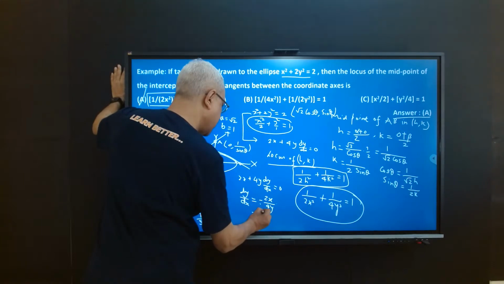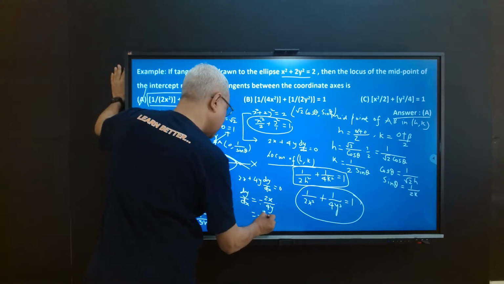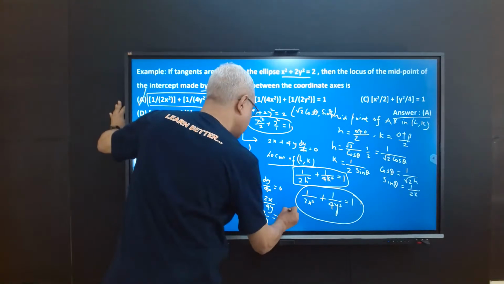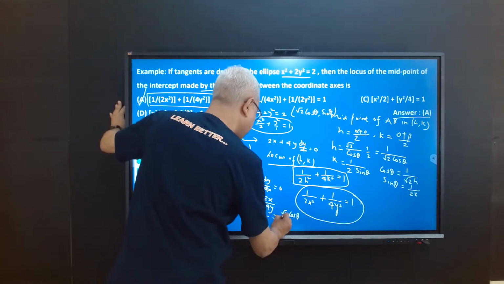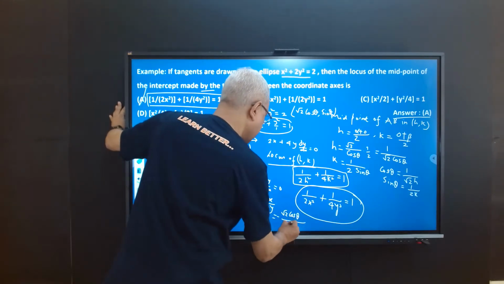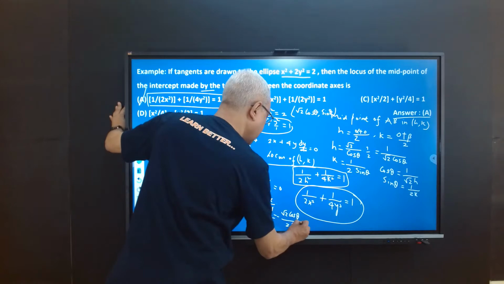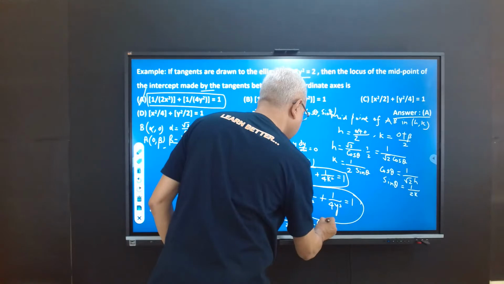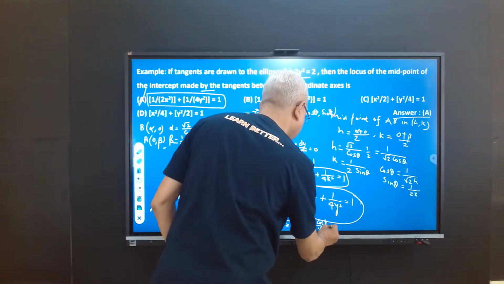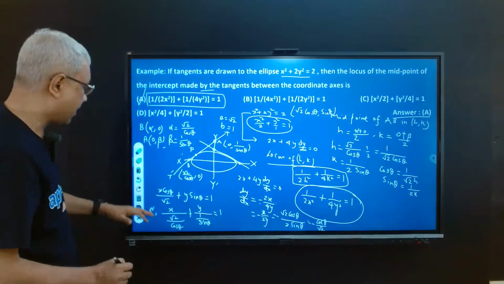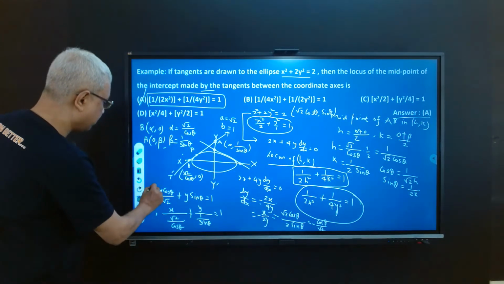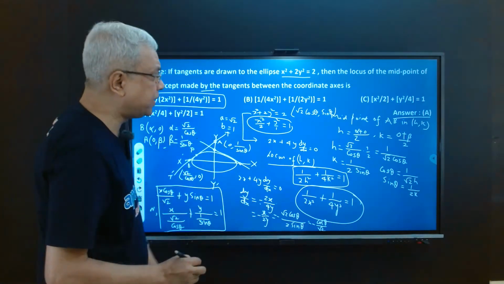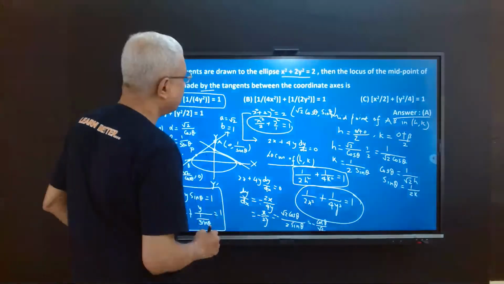So it is minus x by 2y, that is x is root 2 cos theta, minus root 2 cos theta by 2 sin theta, which is actually minus cot theta by root 2. That was the gradient of the tangent at the point P. And from that, we found the equation of the tangent like this. Okay.